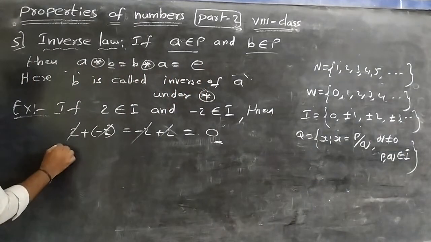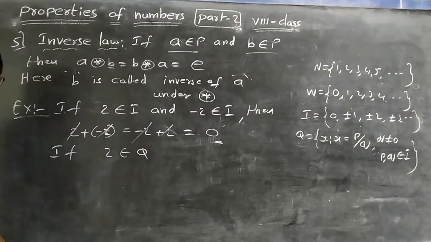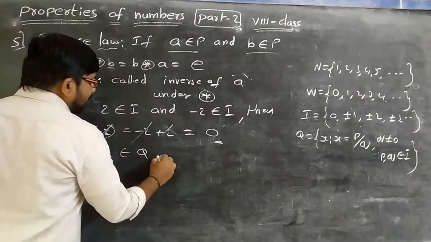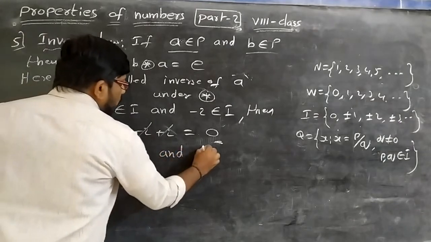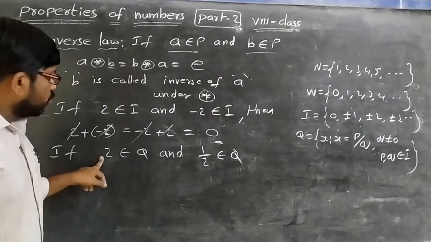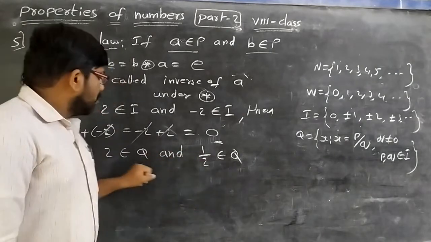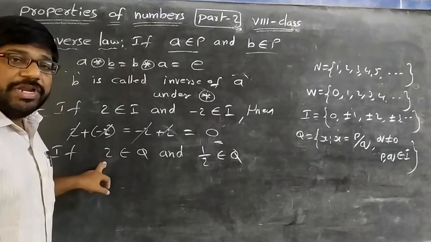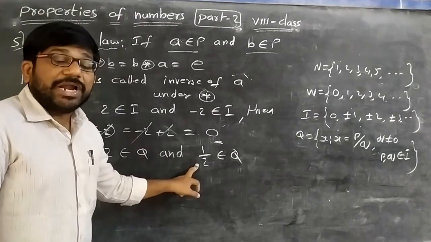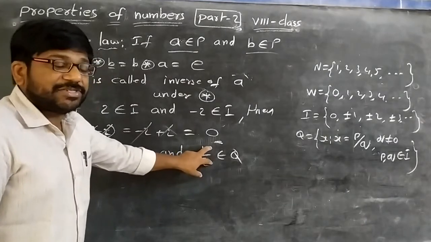Next, if 2 belongs to rational numbers, then 1 by 2 also belongs to Q. See, 2 is a rational number, 1 by 2 is also a rational number. So the inverse of 2 is 1 by 2 in multiplication, right? But in integers there are no fractions.